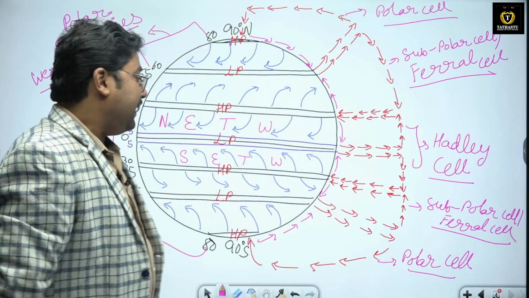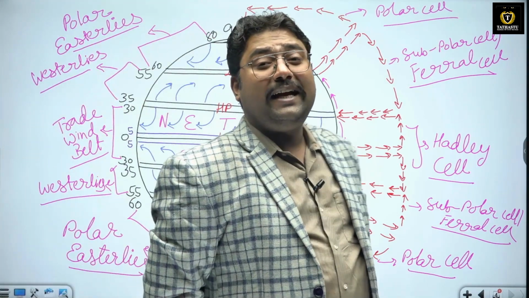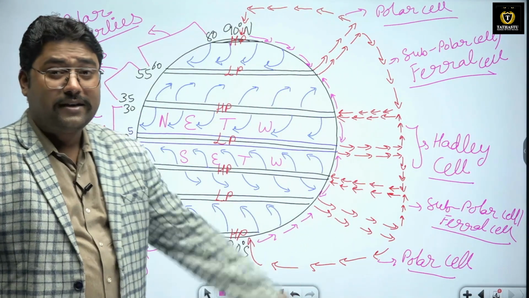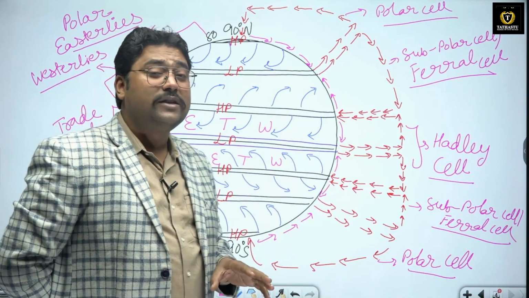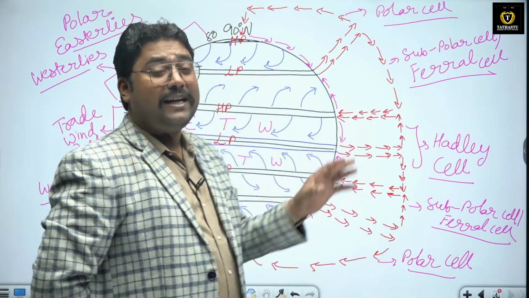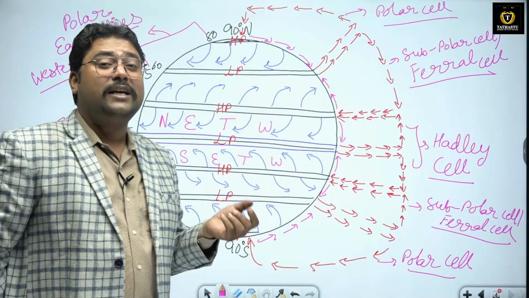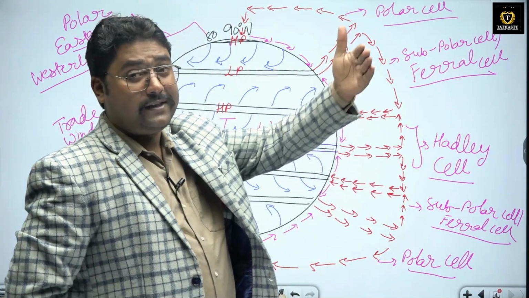Now you might be thinking that all were given at the same time. No. Basically, this is a phase-wise development or discovery. Initially, the general circulation was not, you can say, the three-cell or meridional circulation, but rather it was a single cell, means it has developed in phases.